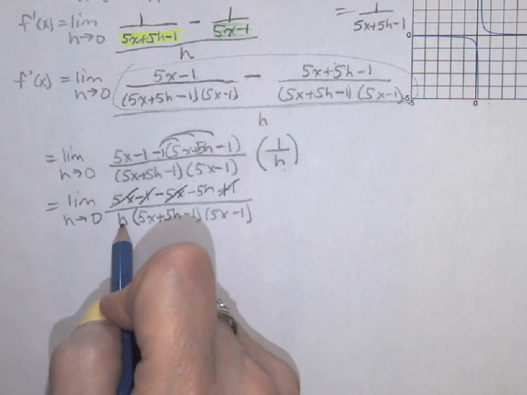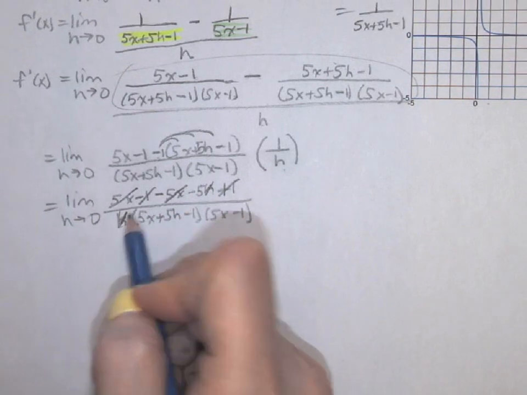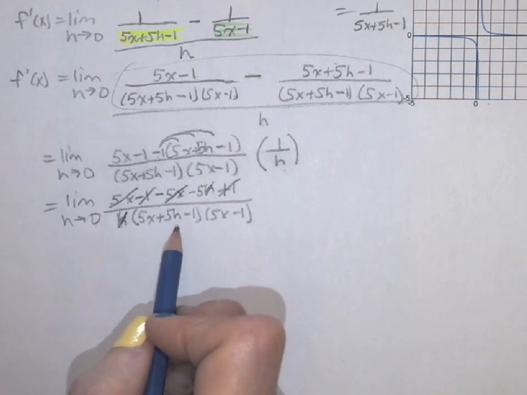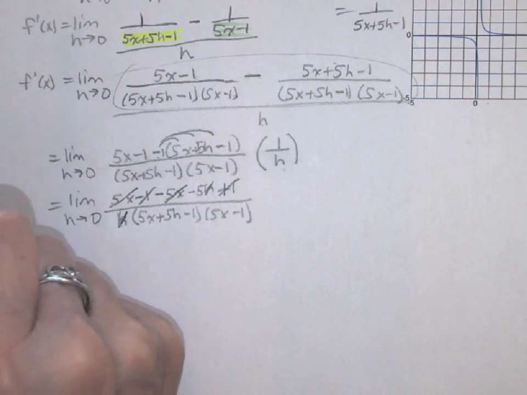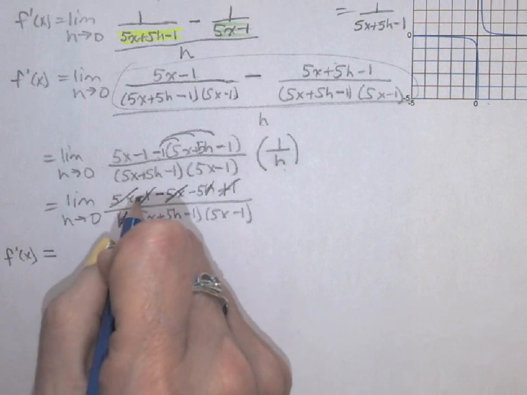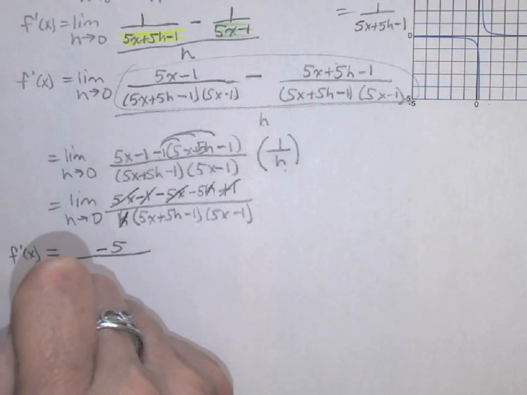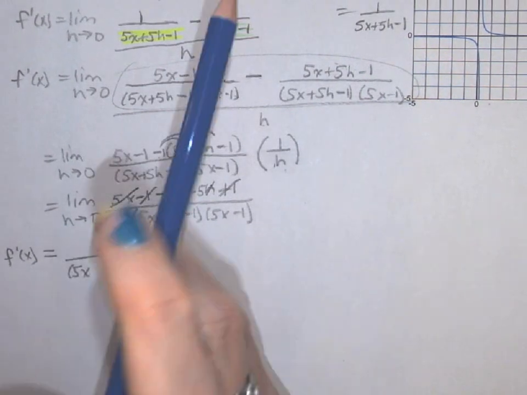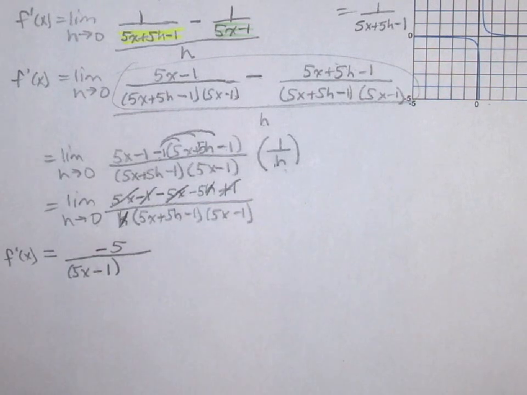And there's an h here, another monomial, so I can divide the h's out. And now it's safe to let h approach 0, because the denominator is not going to approach 0. So f prime at x is going to be, in the numerator, the negative 5. In the denominator I'll have 5x minus 1, because as h approaches 0, 5h approaches 0.